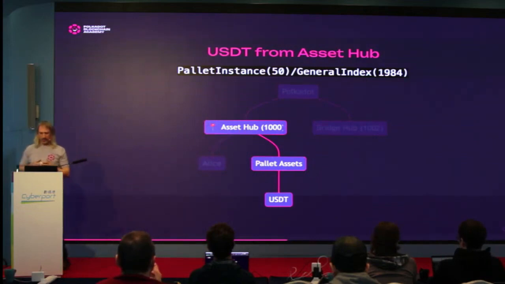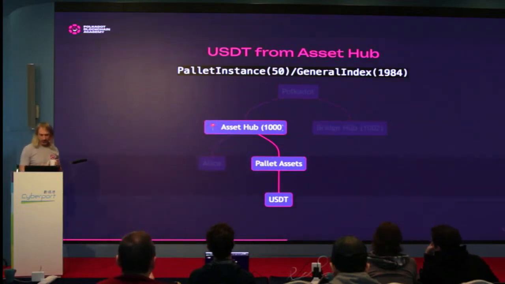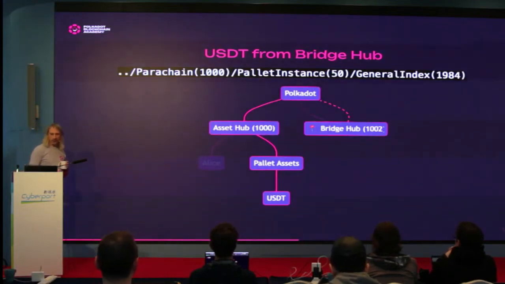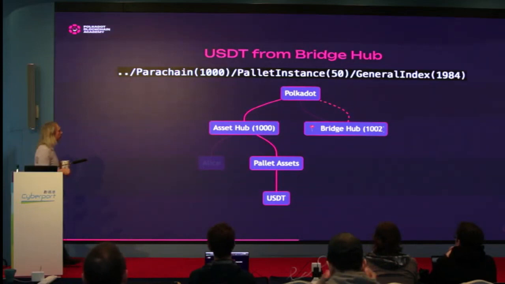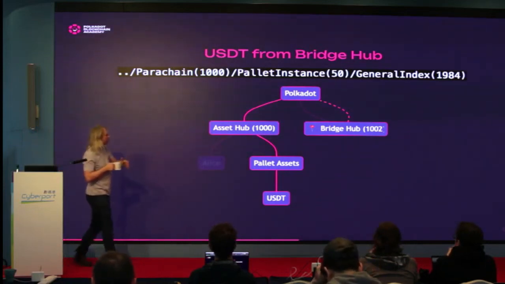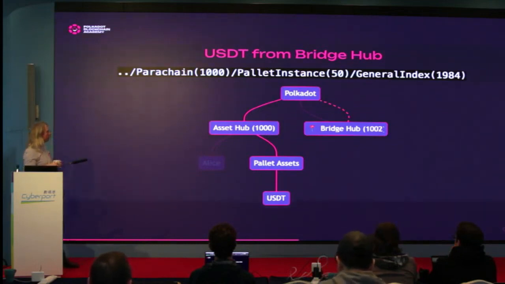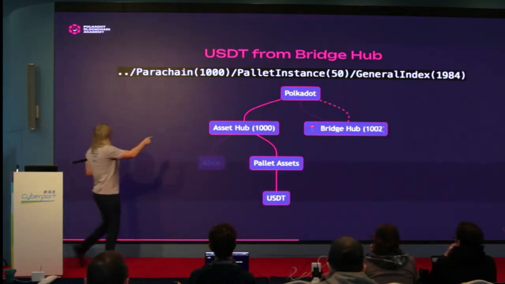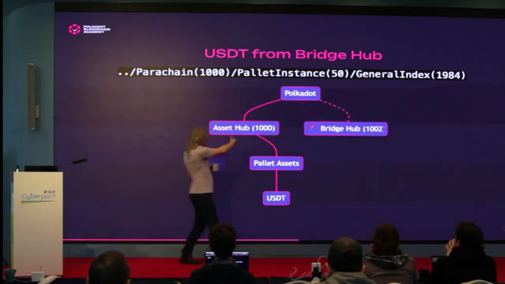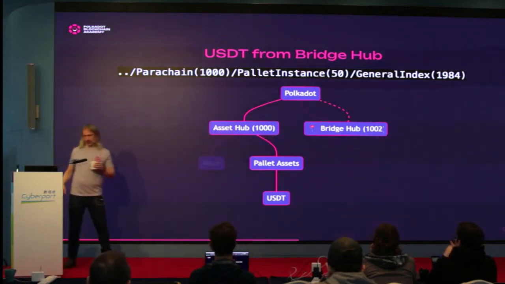Simple enough. As it happens, USDT is 1984. Wow, serendipitous. And if we are sending this asset to Bridge Hub, then we want it to be considered as parachain 1000 / Pallet Assets USDT.